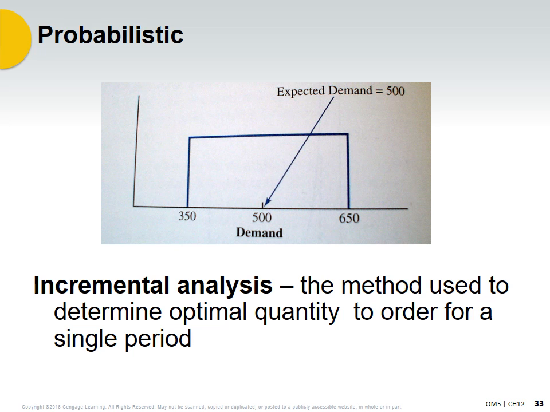Probabilistic demand is when we don't know what our demand is going to be, or it could be variable. In this case, we generally use an incremental analysis process to figure out how much it's worth for us to get one more item, or for us to have one less item.